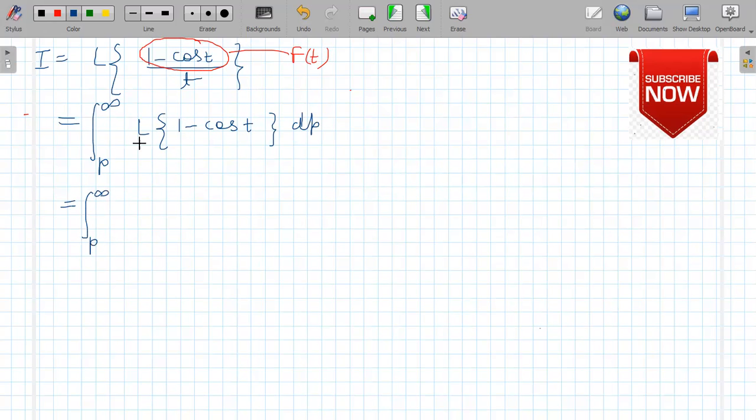So Laplace transform of 1 is 1 upon p. Laplace transform of cos t is p upon p square plus 1.